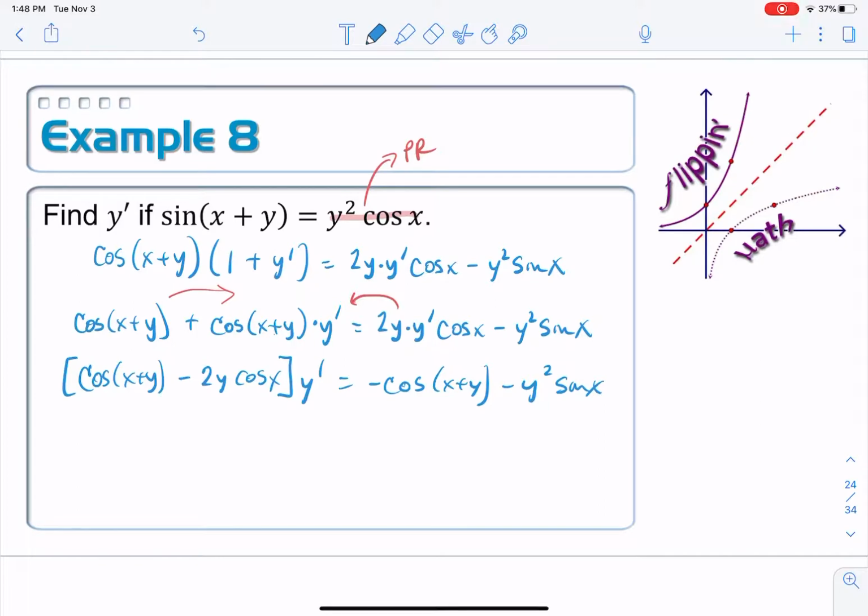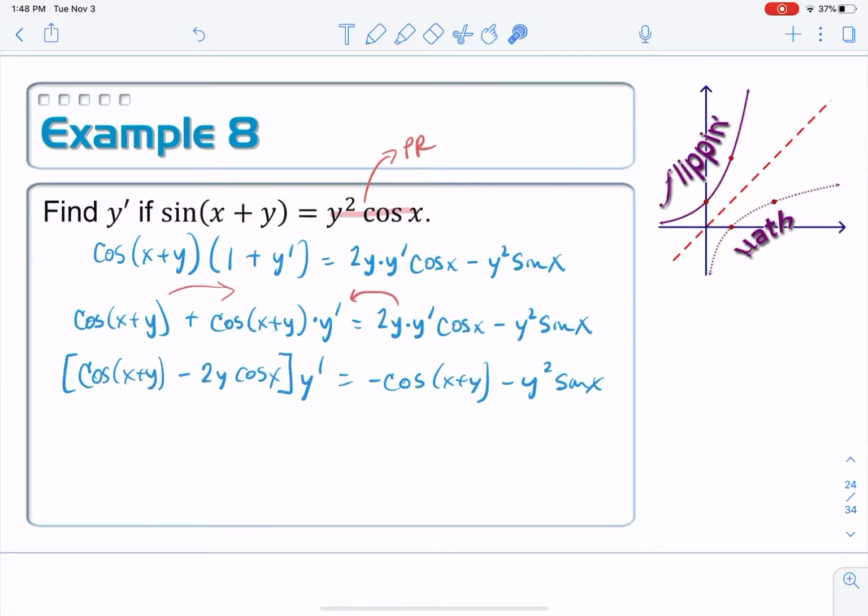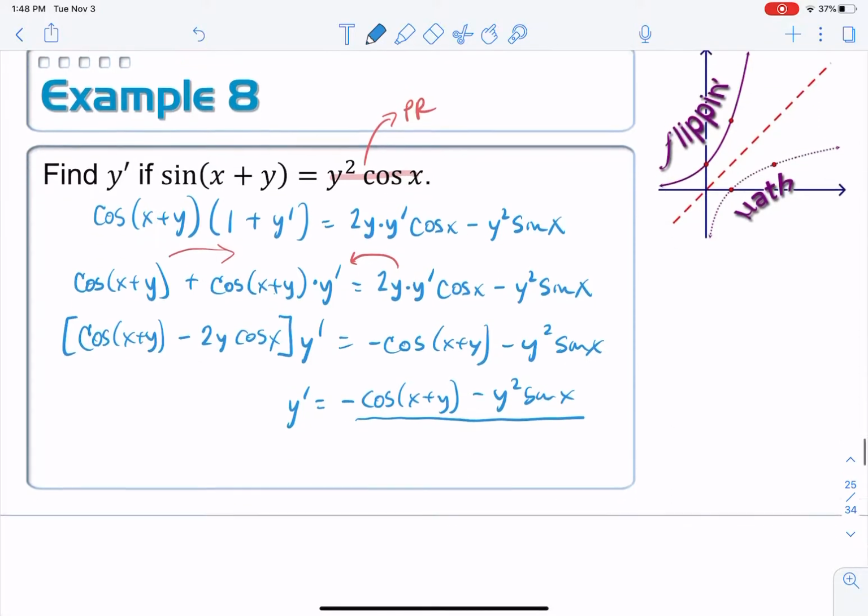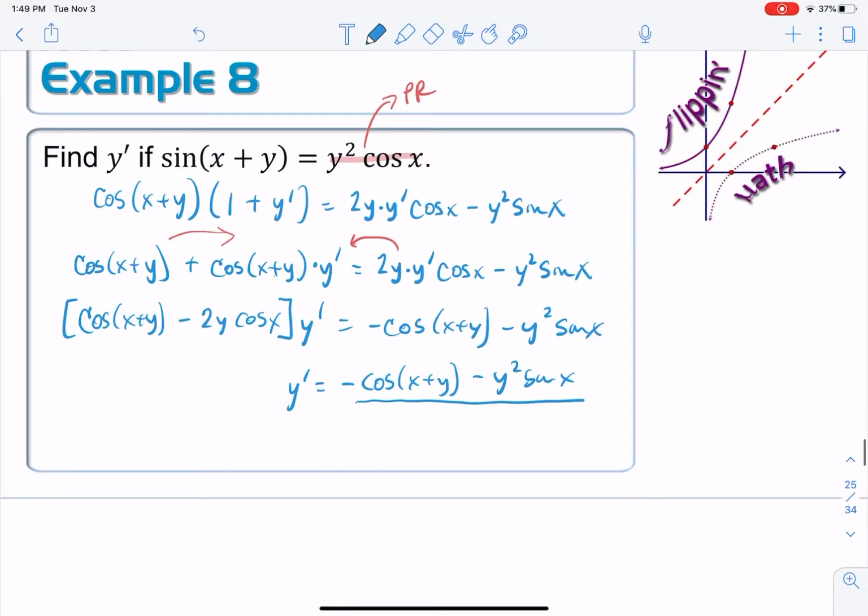Only one thing left to do. I just have to get rid of this, so I'm going to divide it over to the other side to get y prime. Y prime is equal to negative cosine of x plus y minus y squared sine x, all of this over cosine of x plus y minus 2y cosine x.